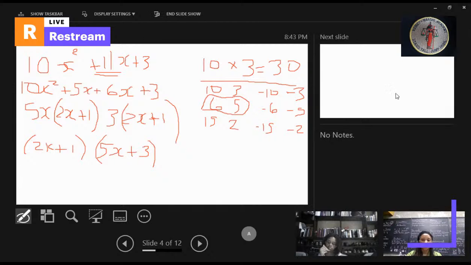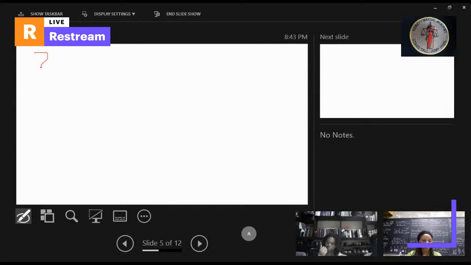All right, so let's do 20x squared minus 7x minus 3. So 20 times negative 3 is negative 60.